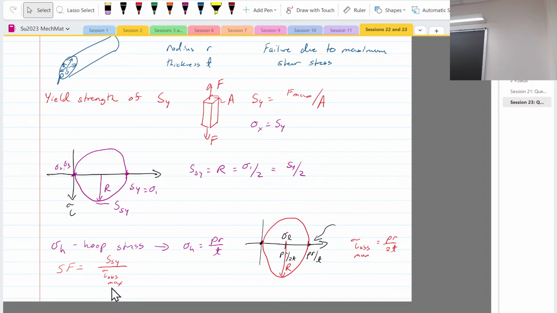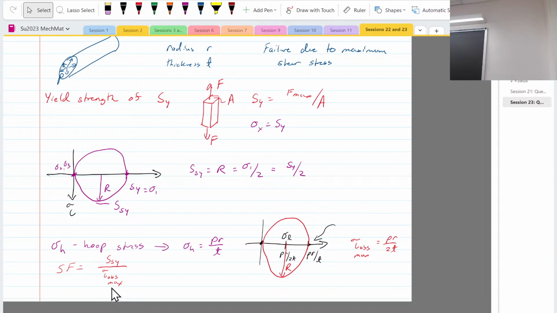That will work fine, because that's the yield strength. What I was trying to show is that you're comparing through the shear strength criteria. This is fine.